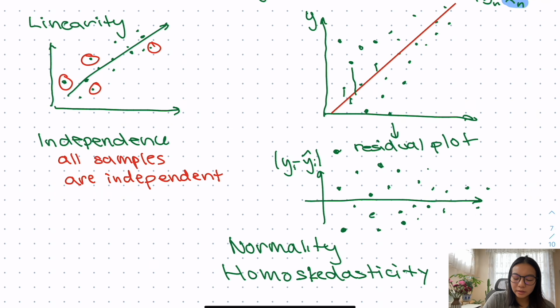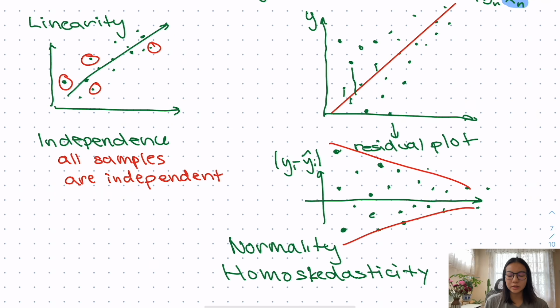And if we look at this spread of the points, it decreases, right? So now the spread is not constant, which means that this homoscedasticity assumption would not be fulfilled, and it might not be appropriate to use linear regression.